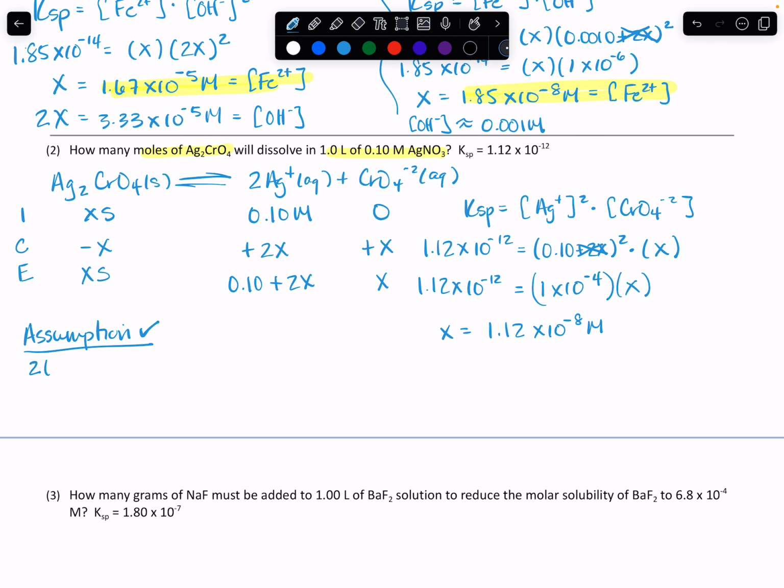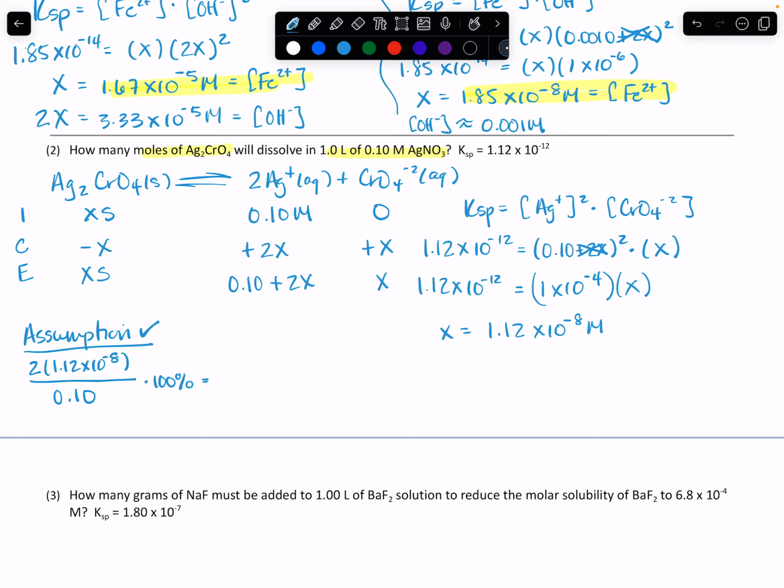So it's going to be 2 times 1.12 times 10 to the negative 8 divided by the number that I assumed it was so much less than, and then I'm going to multiply it by 100%. And if this value is less than 5%, then my assumption is valid. So 2 times 1.12 to the negative 8 divided by 0.1 times 100.